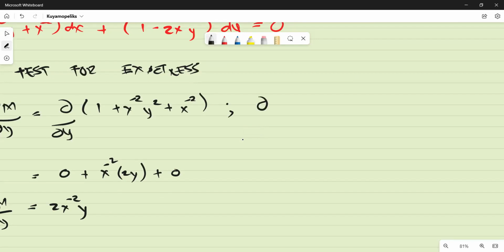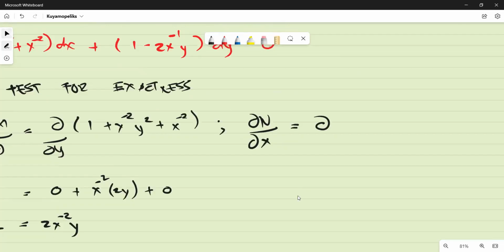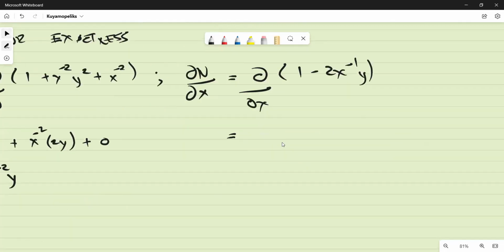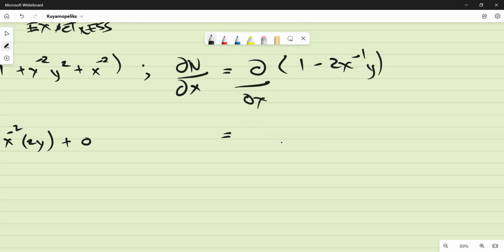Now, let's solve the partial of N with respect to x. Where is our new N? This is 1 minus 2x negative 1 y, with respect to x. Since this is with respect to x, all the y are constant, and we differentiate the x. The derivative of a constant is 0, minus, and we differentiate this: 2x negative, the exponent goes down, so it becomes plus.